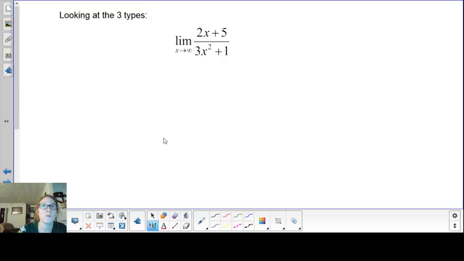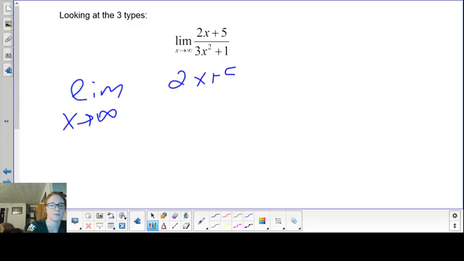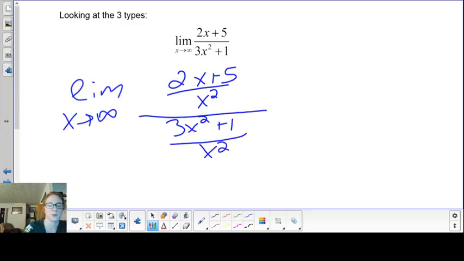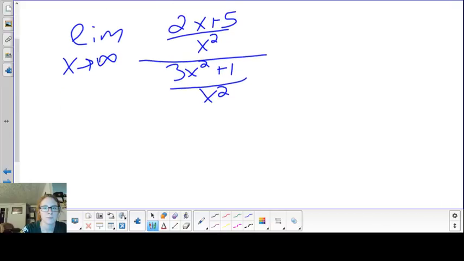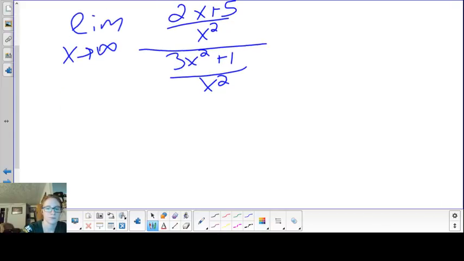Okay, sometimes we have x squareds. So we do what's biggest on the bottom. Because now we have an x squared on the bottom, we're going to divide everything by an x squared. So we're going to have the limit as x approaches infinity of (2x plus 5) over x squared, over (3x squared plus 1) over x squared. Let's simplify down.